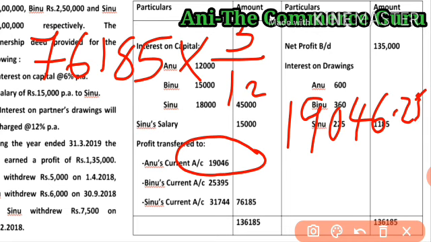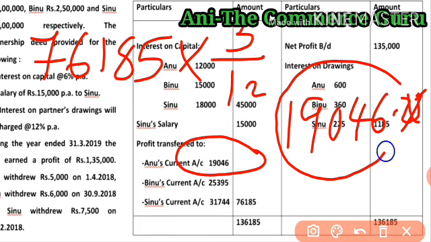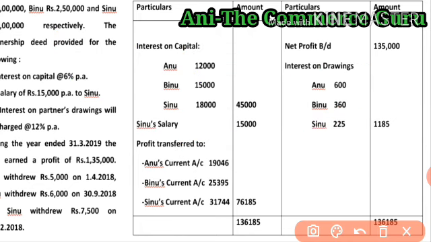Since it comes as decimal and after the decimal place it's 2, we can ignore this decimal portion. So we wrote it here as the portion of Anu's profit: 19,046 rupees. Then in the same way we have to calculate the share of the divisible profit.